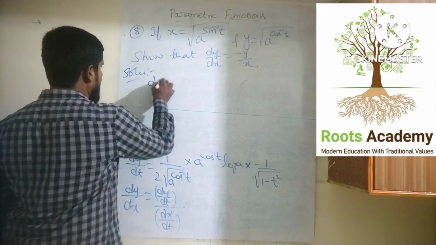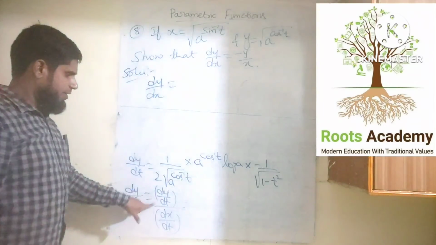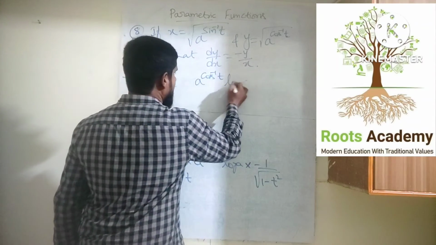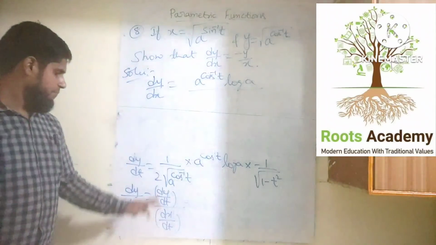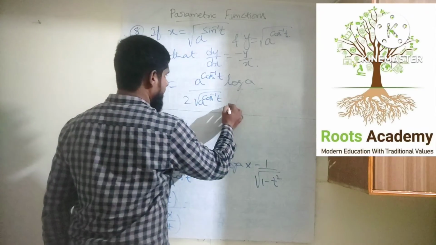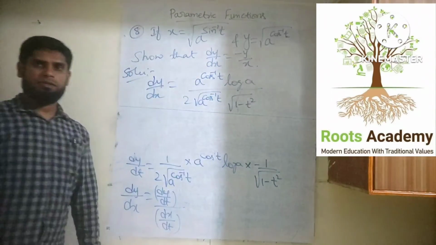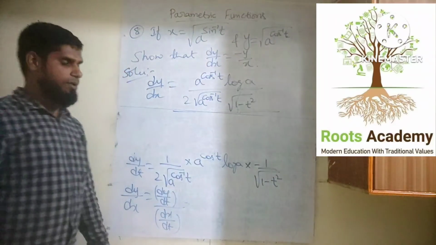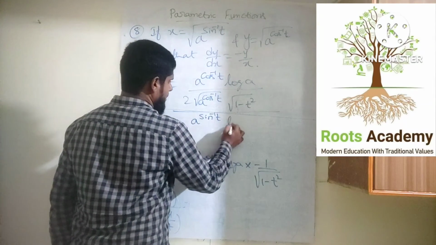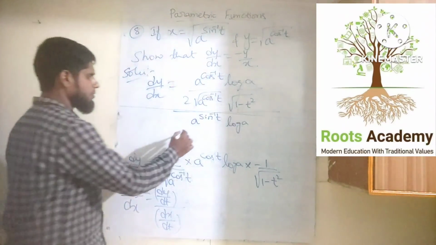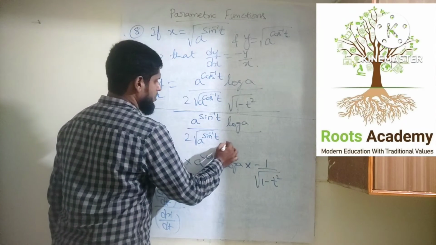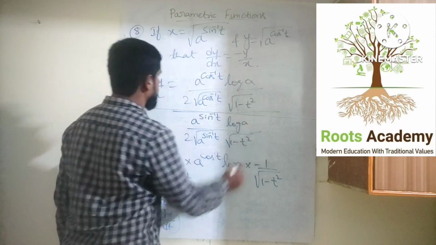dy by dx is equal to dy by dt value, numerator is a cos inverse t into log a divided by 2 root of a cos inverse t into root of 1 minus t square, all divided by, now dx by dt value is a sin inverse t into log a divided by 2 root a power sin inverse t into root of 1 minus t square.